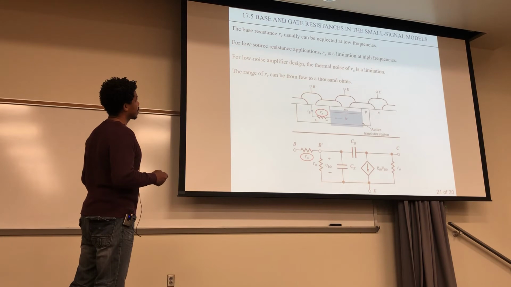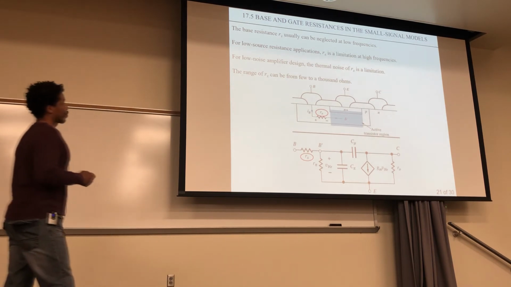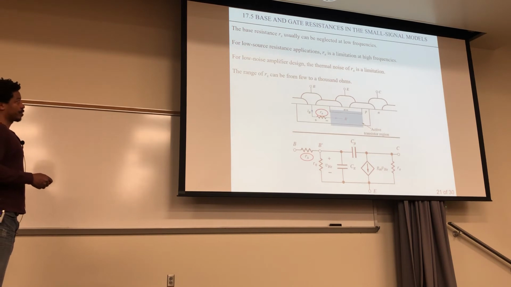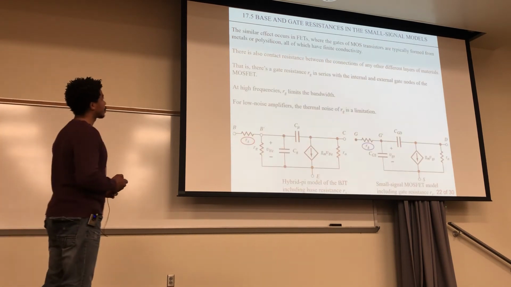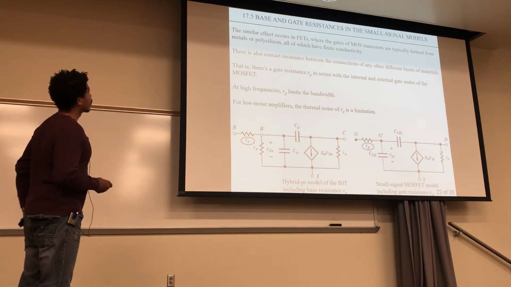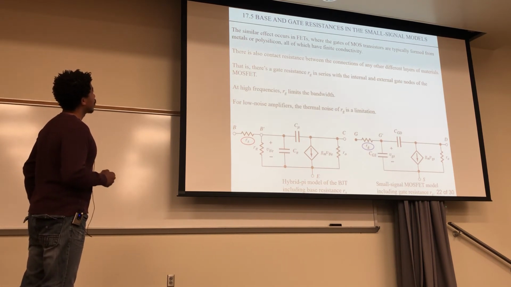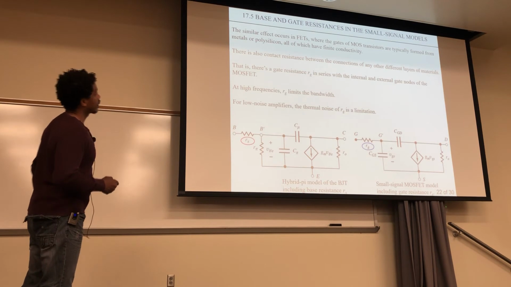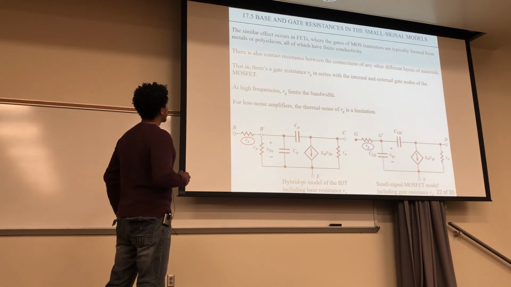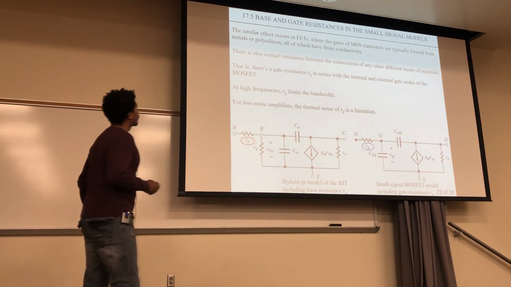Okay, now let's look at the same thing for FETs. A similar effect occurs in FETs, where the gates of the MOS transistor are typically formed from metals or polysilicon, all of which have finite conductivity. There's also contact resistance between the connections of any different layers and materials, so you have that throughout your entire transistor.